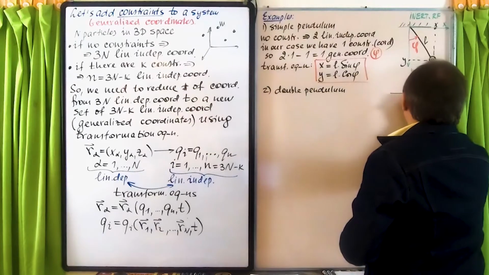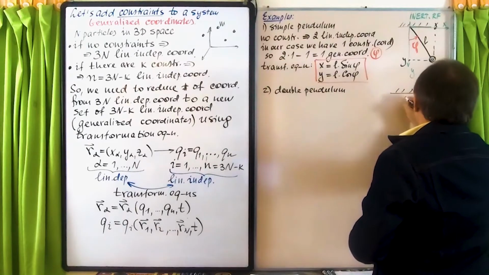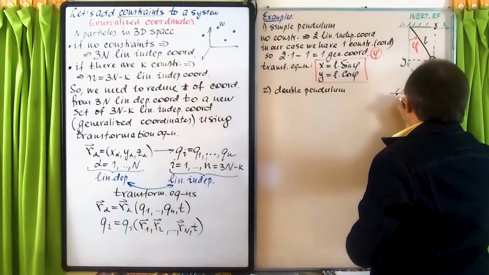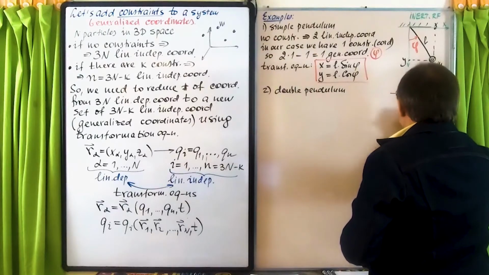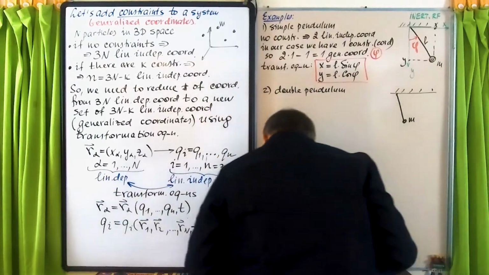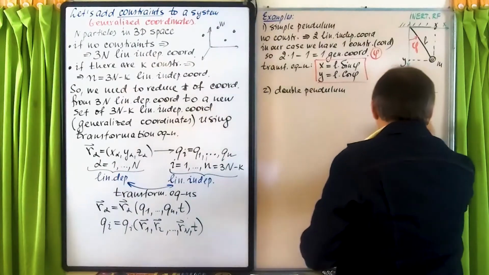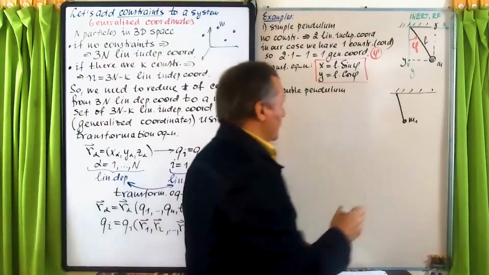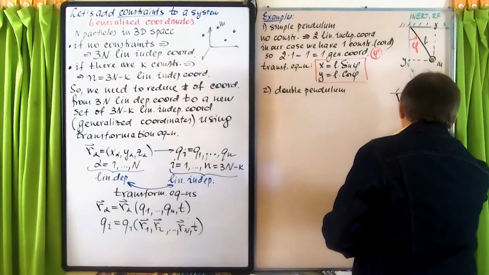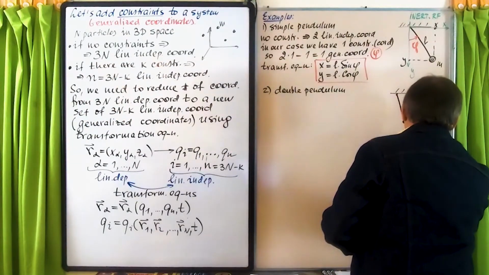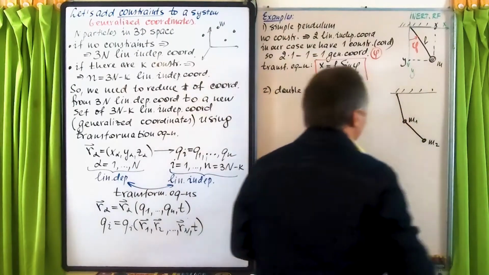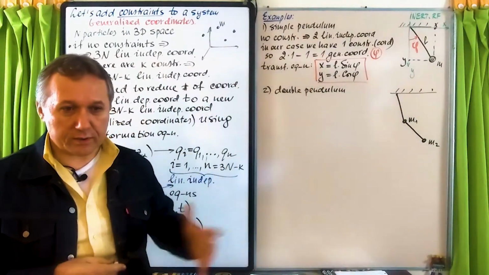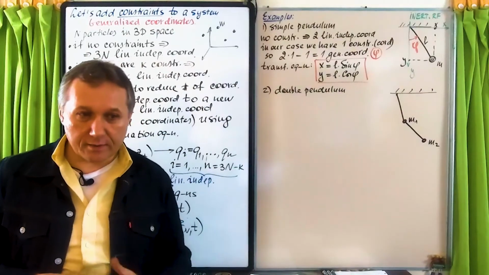So double pendulum. Let's say this is the ceiling, and this is the point of suspension. The first pendulum has mass m1, and then there is a second pendulum underneath this one, m2. Let's say we want to describe this system.